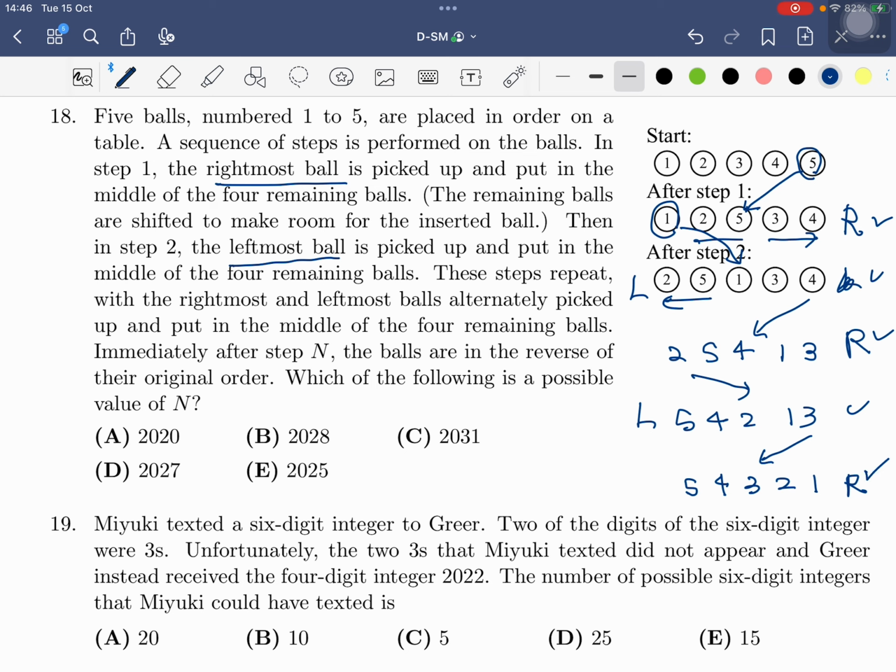So whenever we continue 5 steps, we keep making the numbers reverse. So it should be a multiple of 5. But between 2020 and 2025, okay, because now we make it reverse.